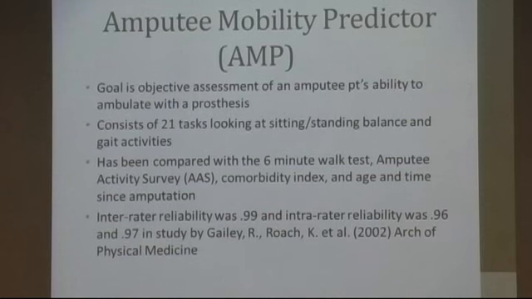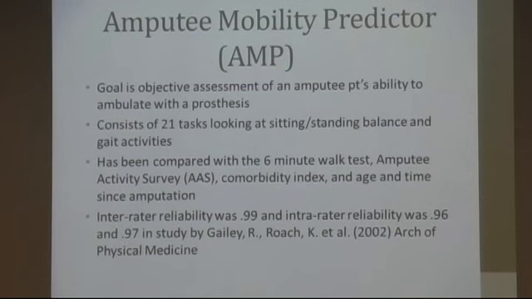All right, so to start off with the amputee mobility predictor, this is basically an instrument that was designed to objectively assess a patient's ability to ambulate with a prosthesis. And there are tasks that you do prior to the prosthetic fitting, and it just gives you an idea of whether or not they're going to be ambulatory after.